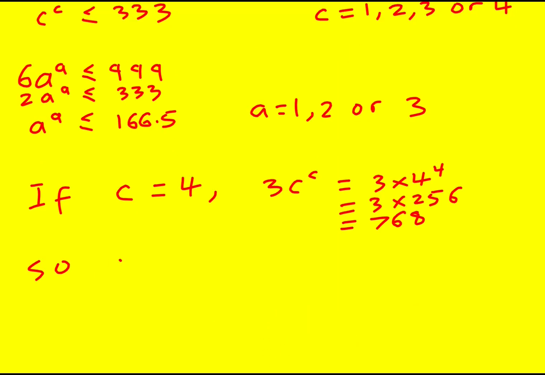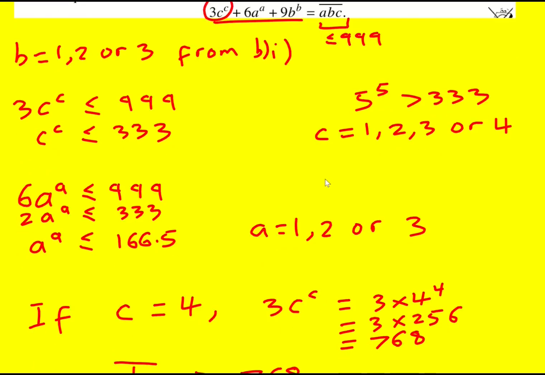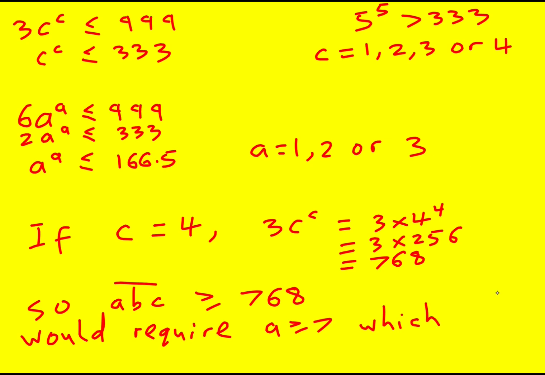So we're necessarily going to get ABC greater or equal to this 768, because remember, this ABC is constructed from this sum, and we've already said this is the case when C is 4. So then we would require A to be greater or equal to 7, which is not possible because I've just shown above that it can only be 1, 2, or 3.